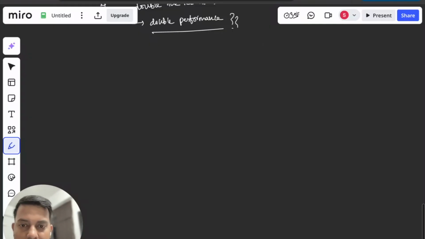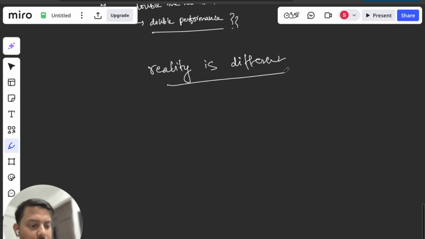The reality is different. It doesn't matter how much you add to the resources, the performance doesn't grow proportionally, because at a certain point it won't grow. Suppose this is your resources and this is your performance.